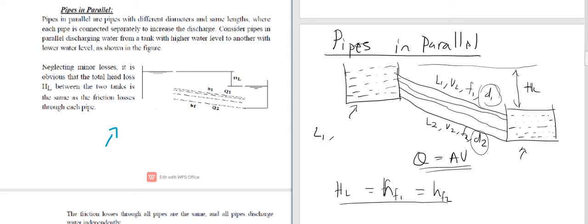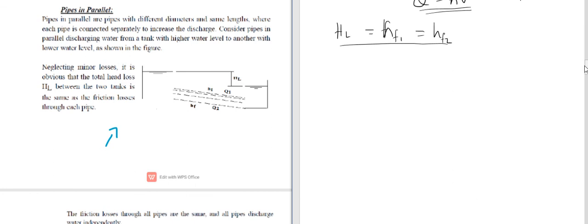Basically, that formula that we had before, we know that HF normally is 4FL over D times V square over 2G.